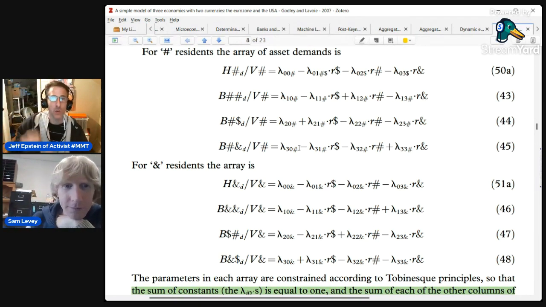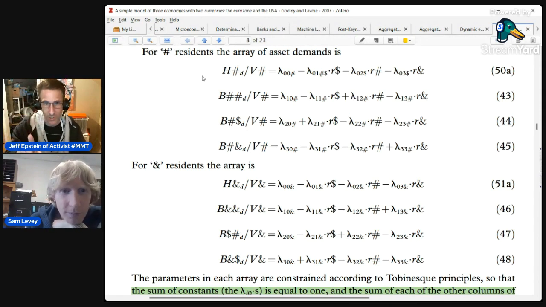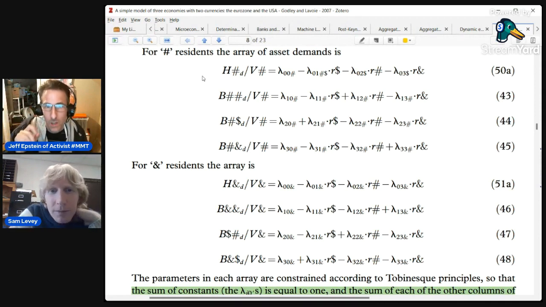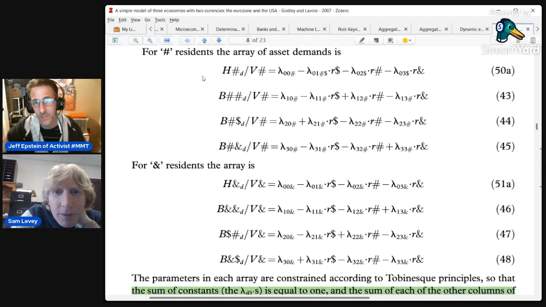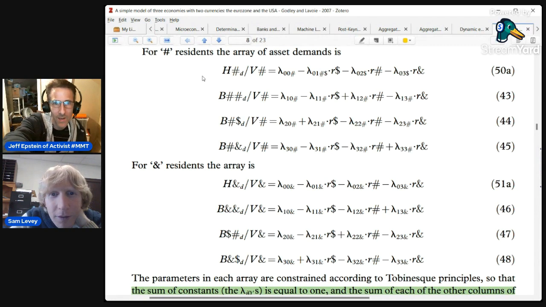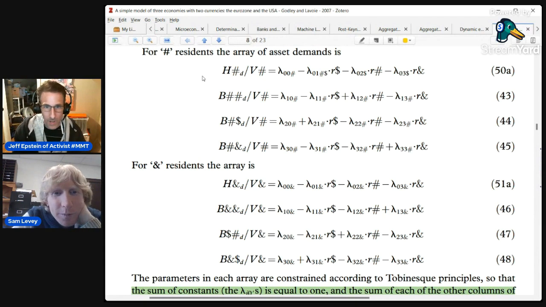Oh, the demand for hashtag money over the wealth of the households in that nation equals some constant minus the constant times the interest rate of Euro 1 and minus some other constant times the interest rate of Euro 2. So for hashtag residents, the array of asset demand. So just the variety of things that they want to buy.